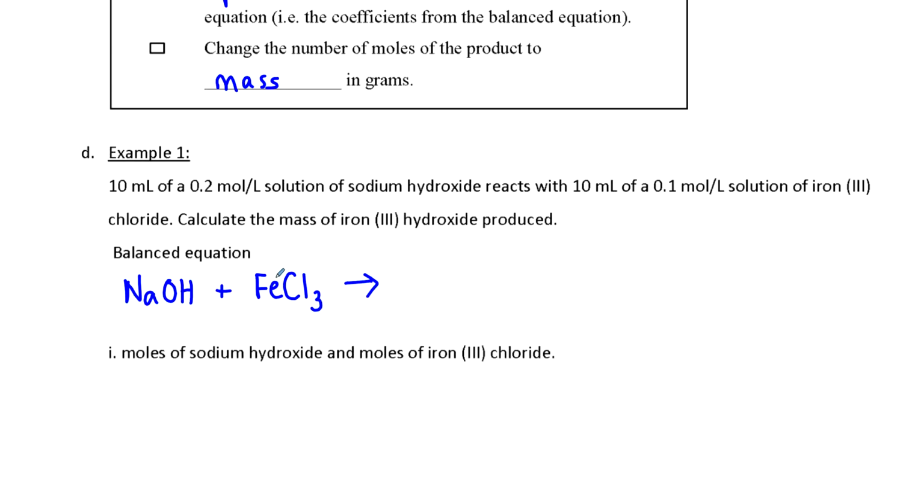And that is going to produce, well, we're told one of the products is iron 3 hydroxide. So hydroxide, we already said, has a negative 1 charge. So when it combines with iron 3, we need to do this. Now, this would be a double replacement or double displacement reaction, meaning these two compounds switch partners. So we've already combined iron and hydroxide.